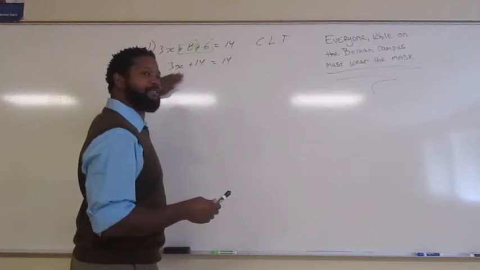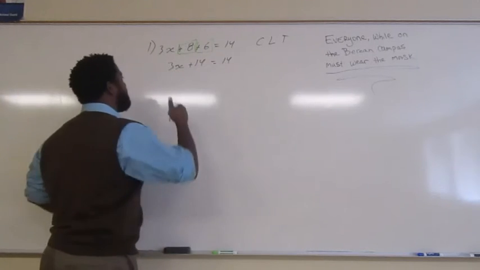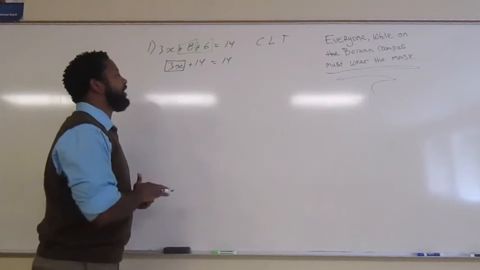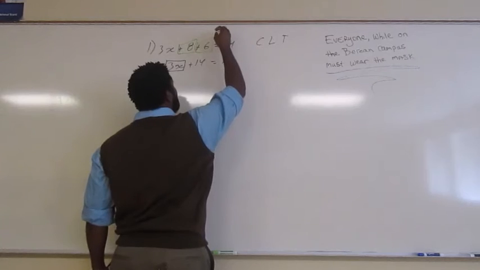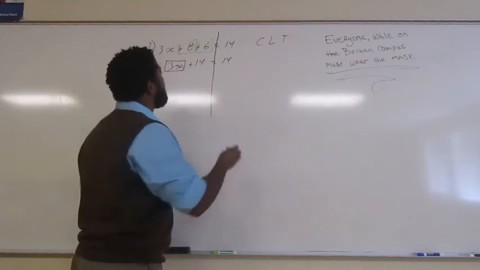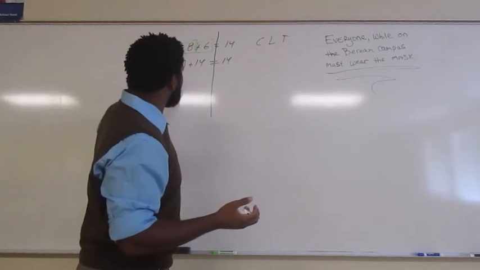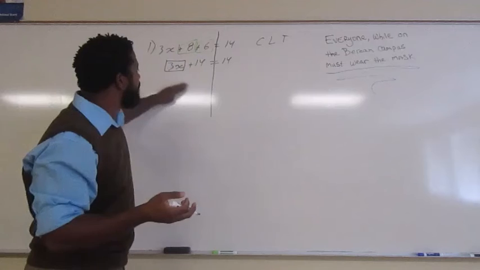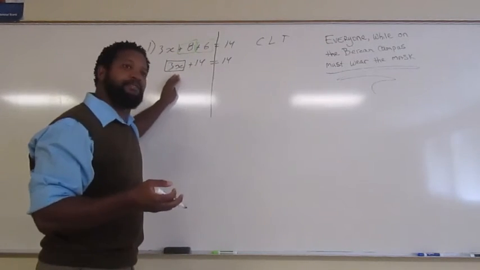We have to get this 3x by itself, and because of that, we need to get rid of everything else that's on this side of the equal sign, okay? The equal sign pretty much separates sides, okay? So we have to get rid of everything over here on this side. So what is over here with the 3x?